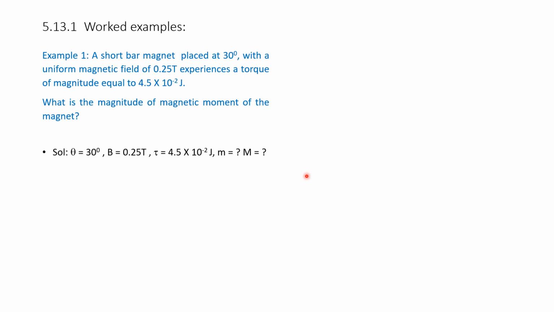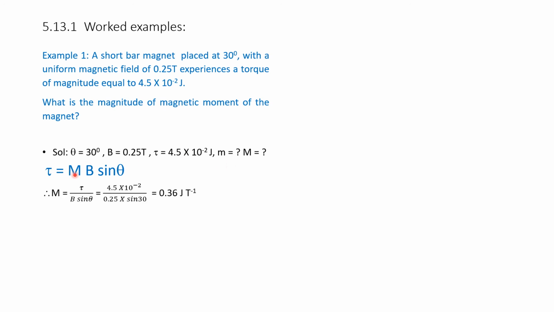Solution. The angle is given as 30 degrees, that is, theta is equal to 30 degrees. B is equal to 0.25 Tesla. And torque tau is given as 4.5 into 10 to the power of minus 2 joules. We have to find the magnitude of the magnetic moment. Therefore, tau is equal to m B sin theta.